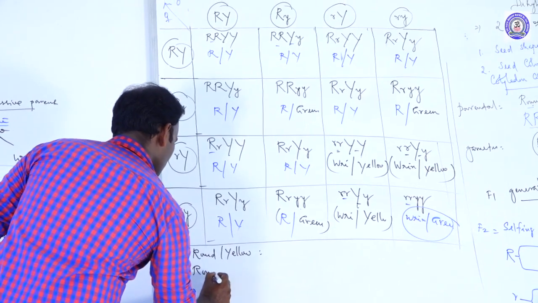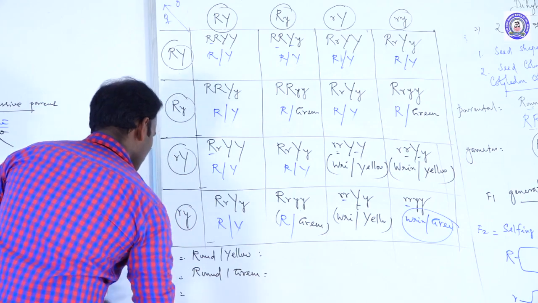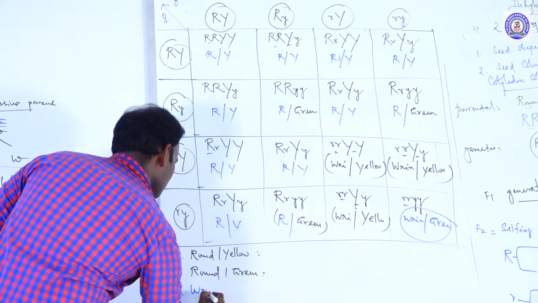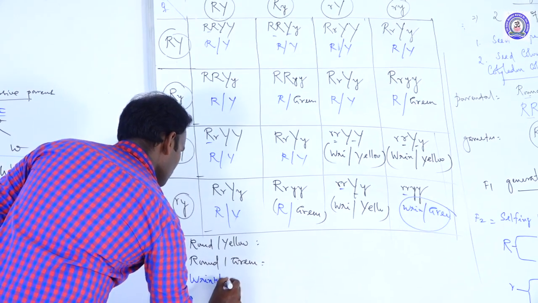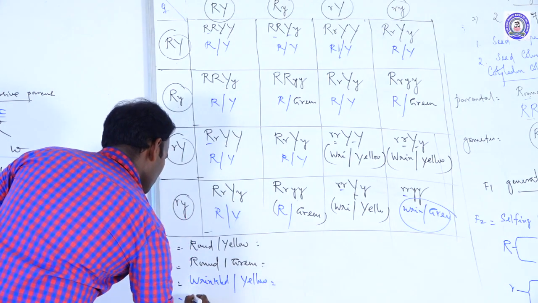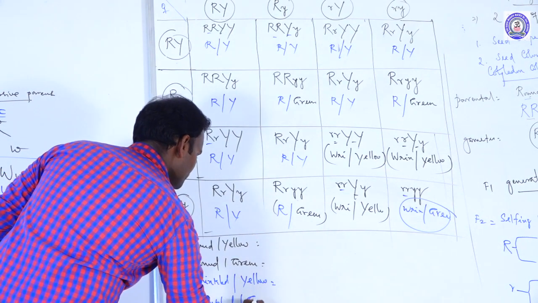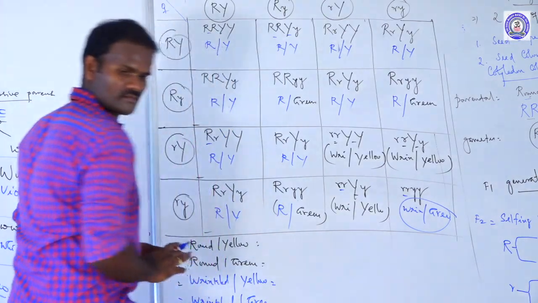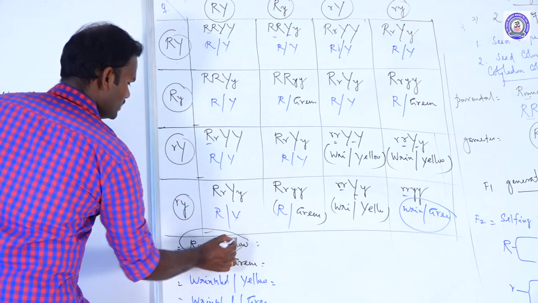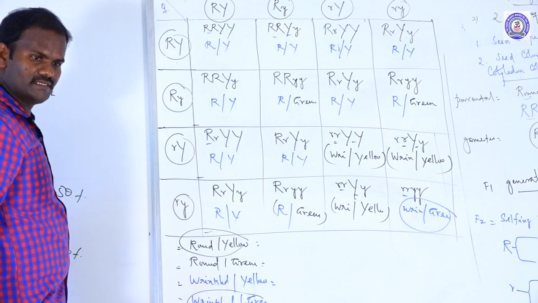Then round and green, then wrinkled and yellow, then wrinkled and green. See, these two are parental combinations. Round yellow crossed with wrinkled green. These are the parental combinations.